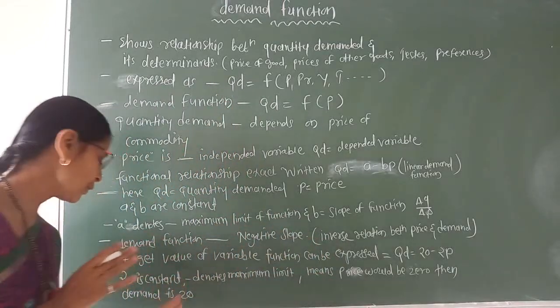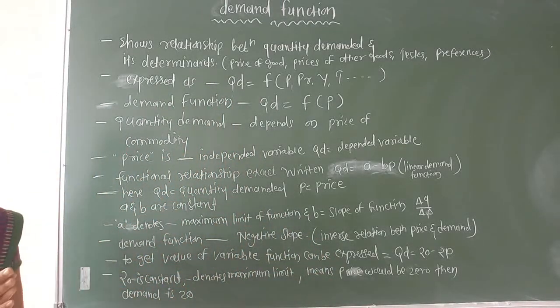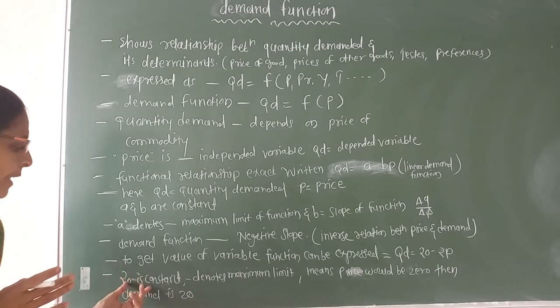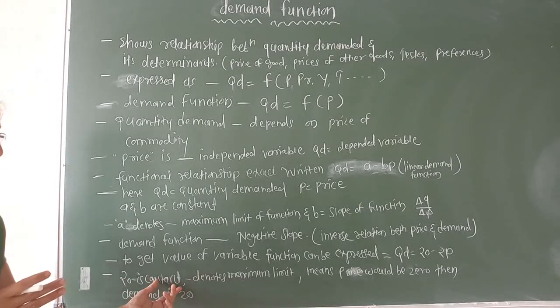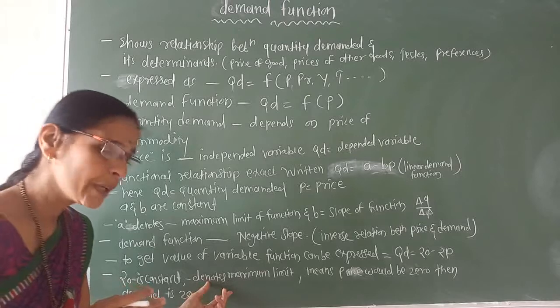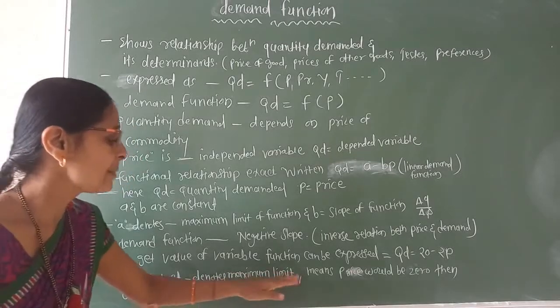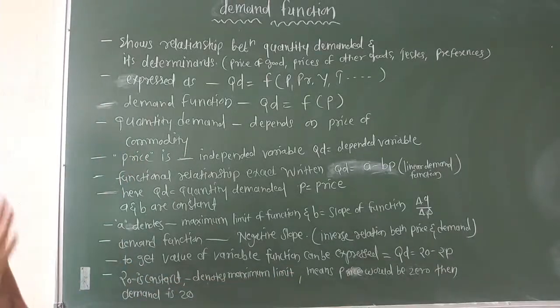Here, all of you know QD represents the quantity demanded, and the 20 is a constant determinant which denotes the maximum limit of the function.